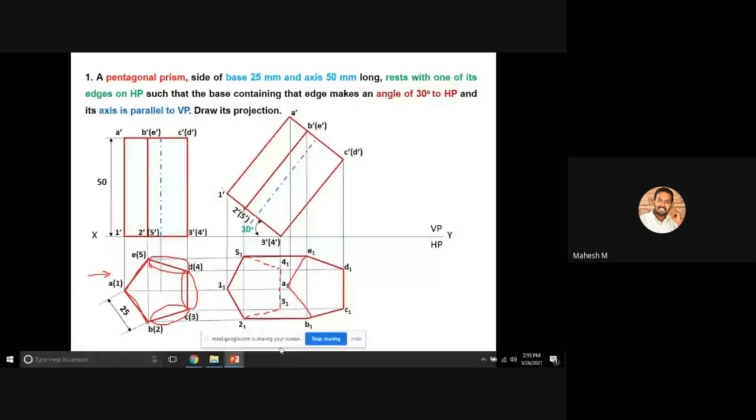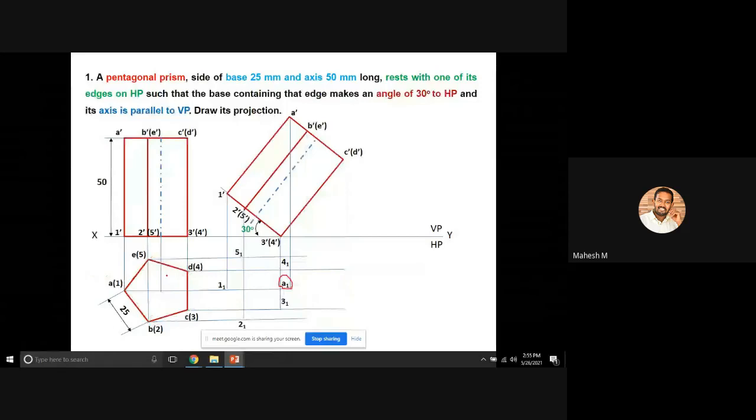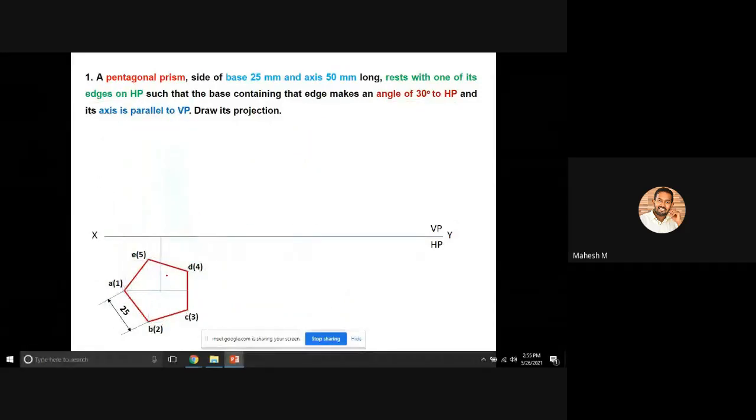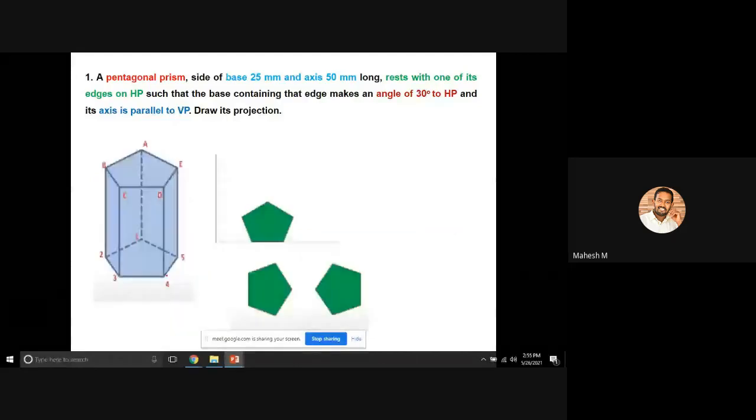So you'll have 5 lines. If you look at the 3D diagram, you'll have 5 lines for a prism like this. Point A and 1 is connected with a vertical line, point B and 2 is connected with a vertical line, point C and 3 is connected with a vertical line, point D and 4 is connected with a vertical line, and point E and 5 is connected with a vertical line.